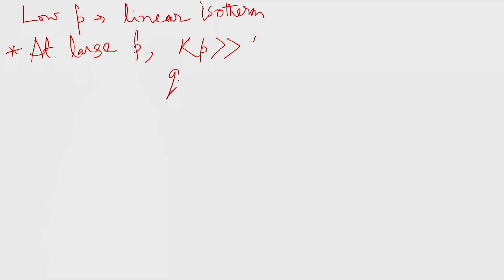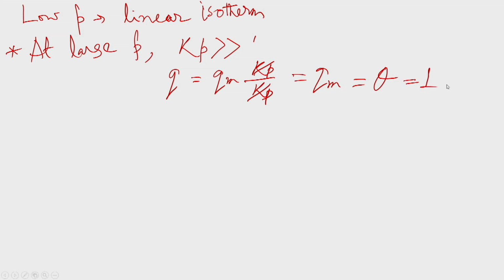Then Q is equal to Q m into K P by K P, so Q will be equal to Q m.